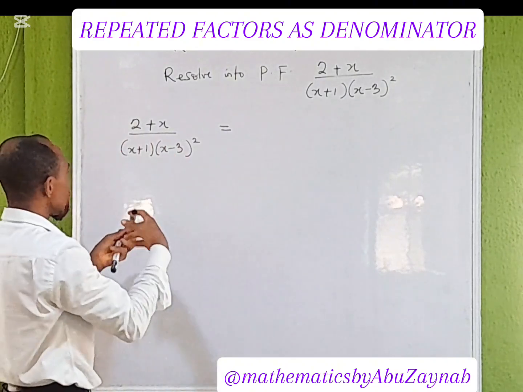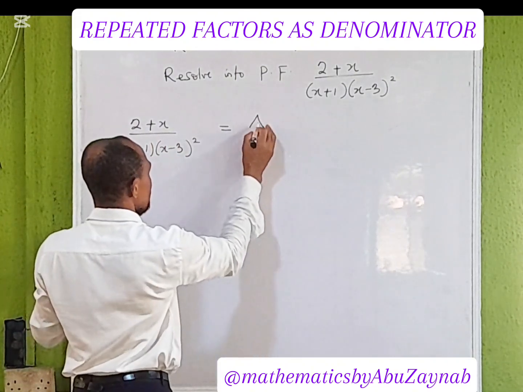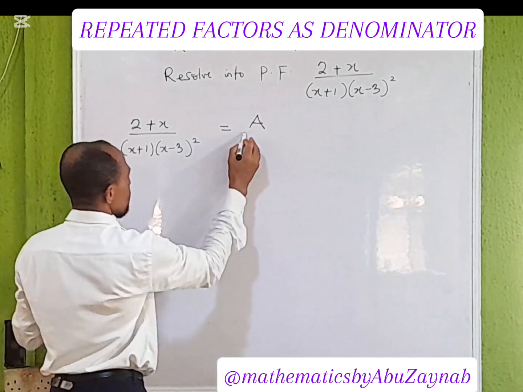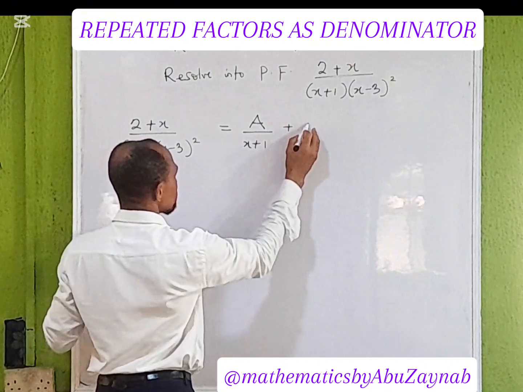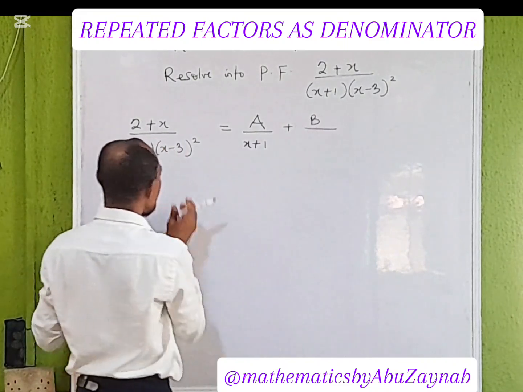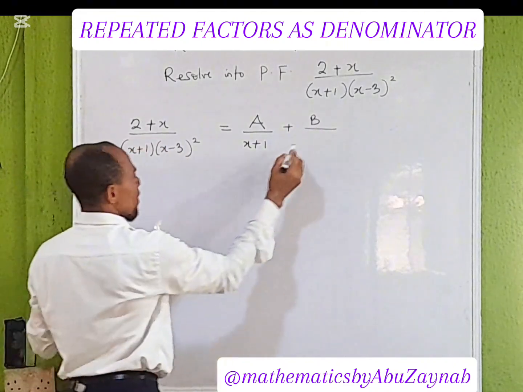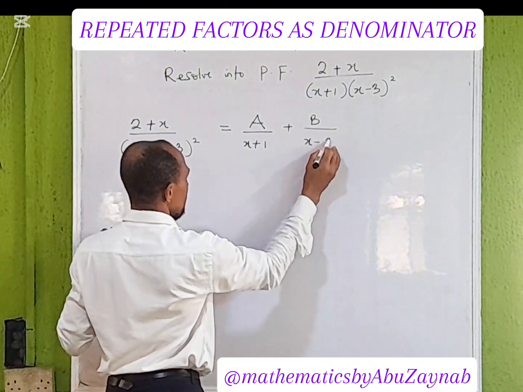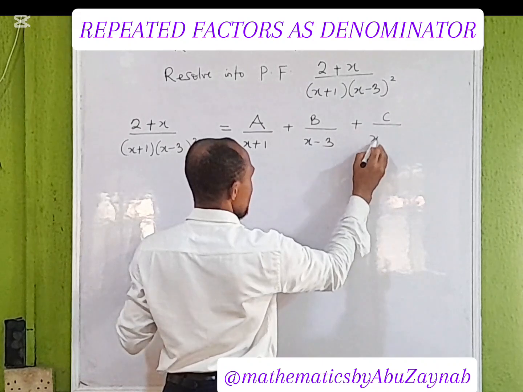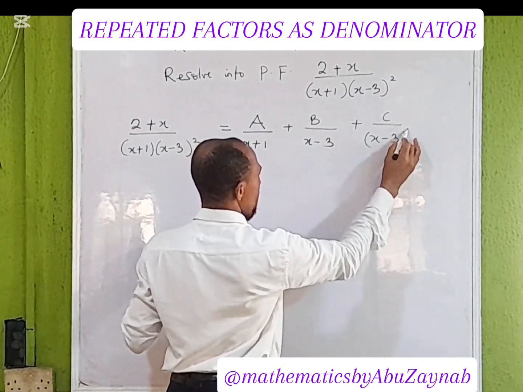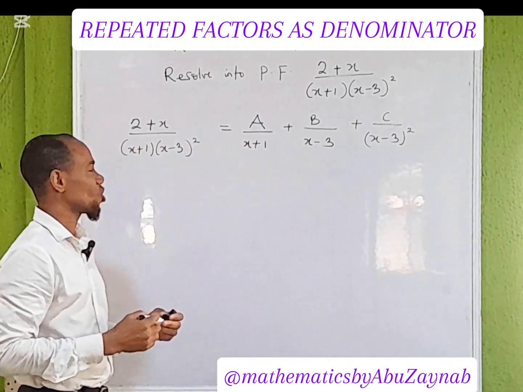So what we need to do here is to create the usual upper case letters. We have A over (x + 1), then plus B over (x - 3) first, then C over (x - 3) power 2. That is the rule, that's the trick.